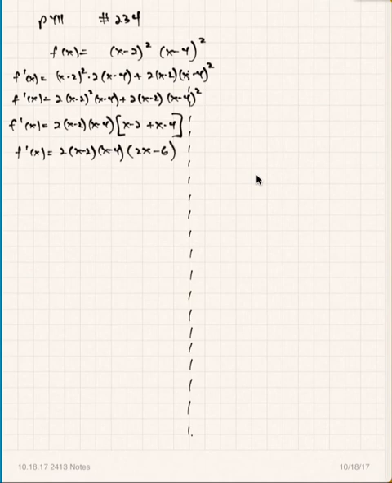Right? x plus x is 2x, negative 4 is negative 6. You could factor out a 2 right there, and so f prime of x would be 4 times (x minus 2) times (x minus 4) times (x minus 3). Okay.